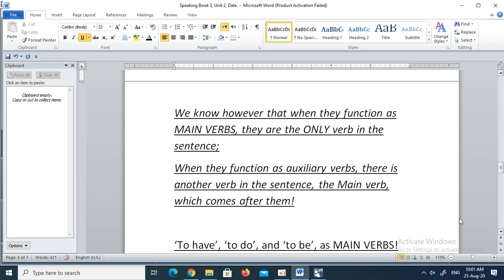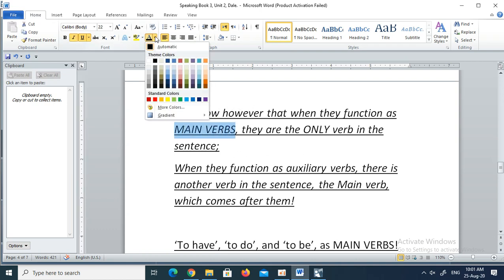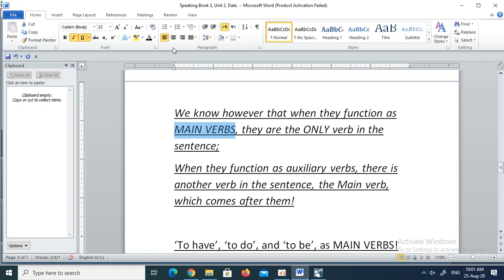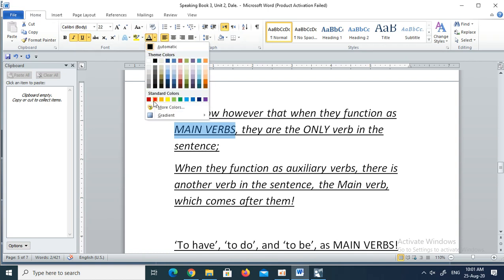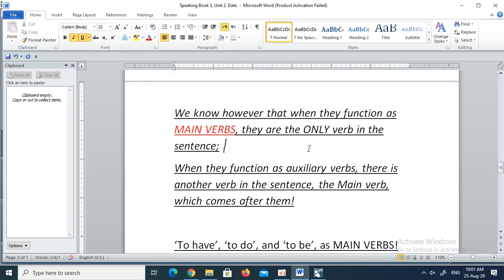But remember that when they function as the main verb, they are the only verb in the sentence. When to do, to be, or to have is the main verb, it is the only verb in the sentence.